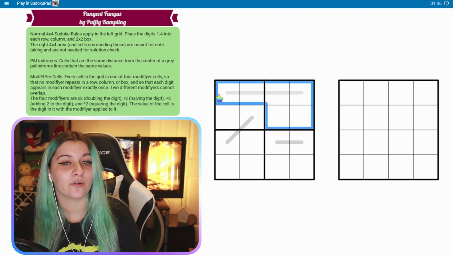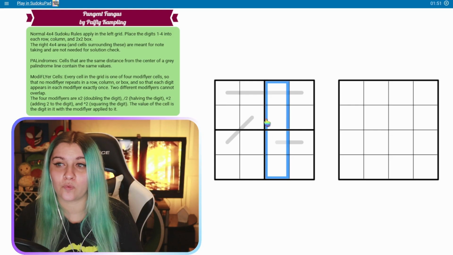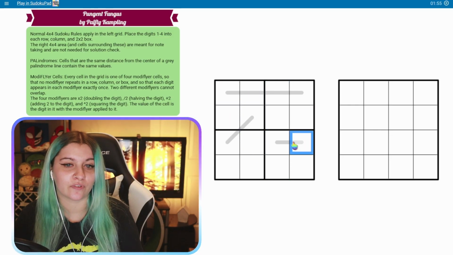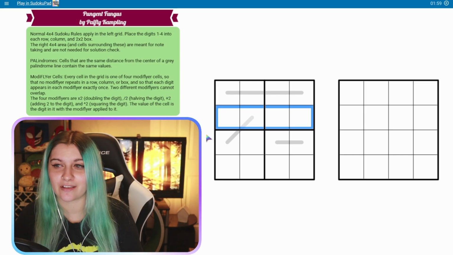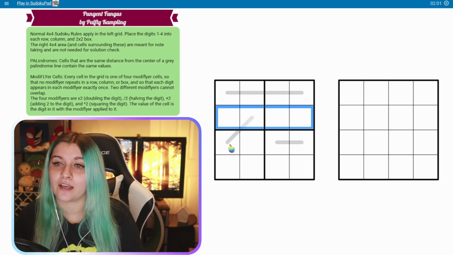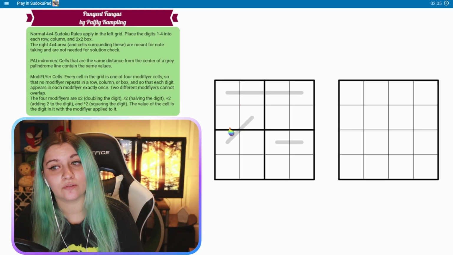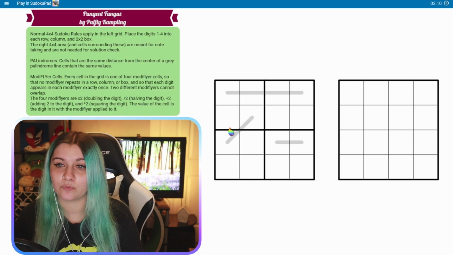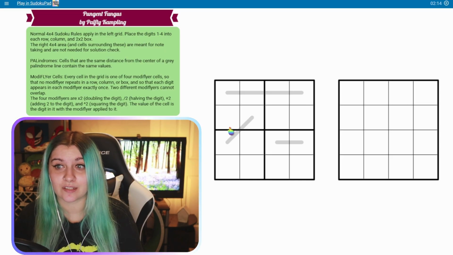Okay, so every region, every row and column, it sounds like it's going to have one of each modifier cell, also one of each digit, and I can't repeat digits for modifiers. The 4 modifiers are times 2, doubling the digit, divided by 2, which halves the digit, plus 2, which is adding 2 to the digit, and squaring the digit to the power of 2.